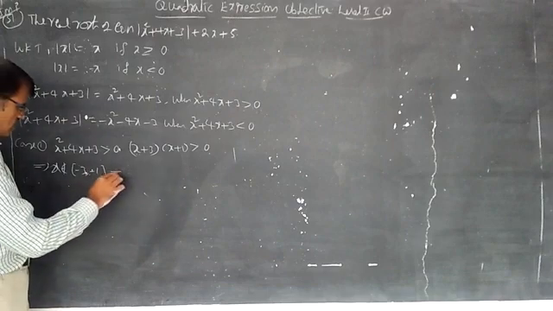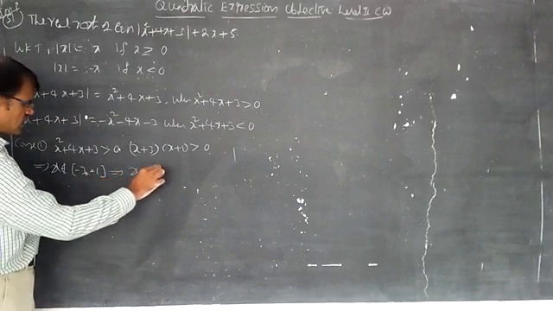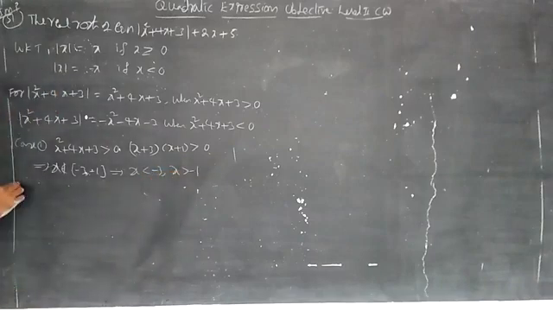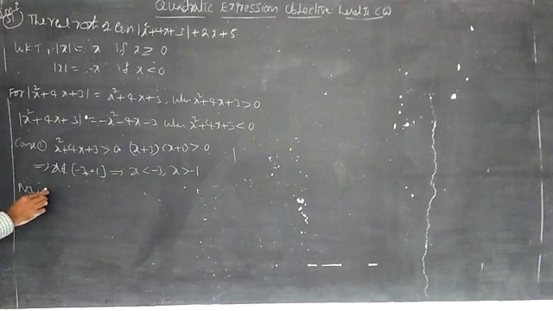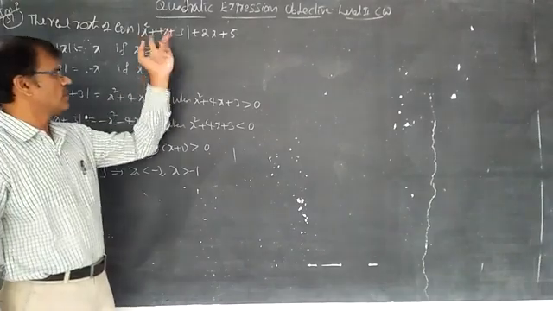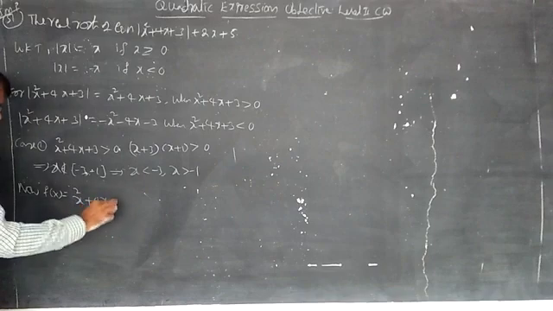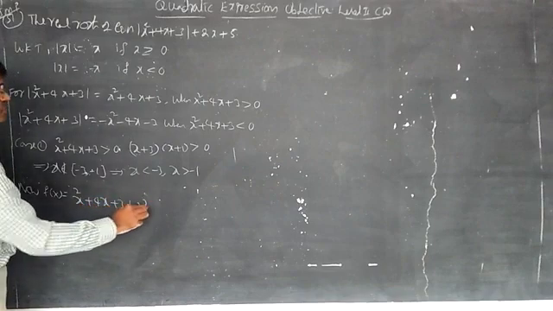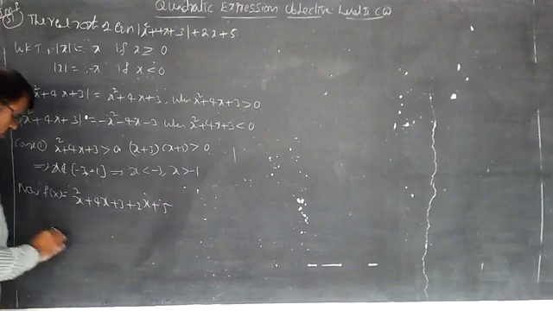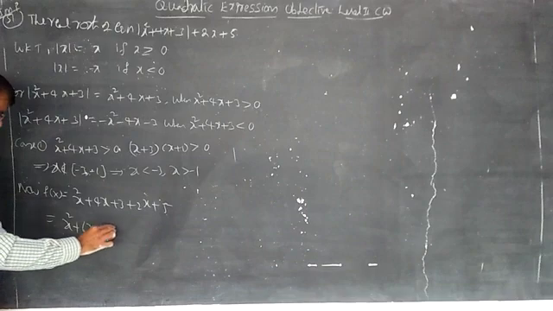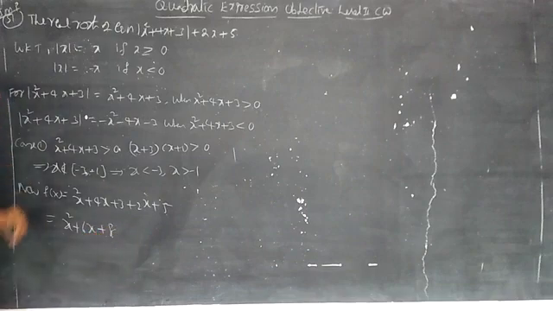That implies x less than minus 3, x greater than minus 1. Keep aside. Now I am writing f of x, taking this modulus as positive. Now you can write x square plus 4x plus 3 plus 2x plus 5, that is equal to x square plus 6x plus 8, put equal to 0.